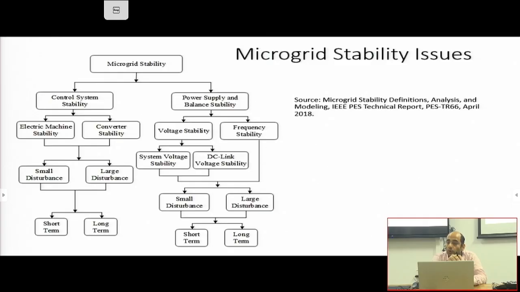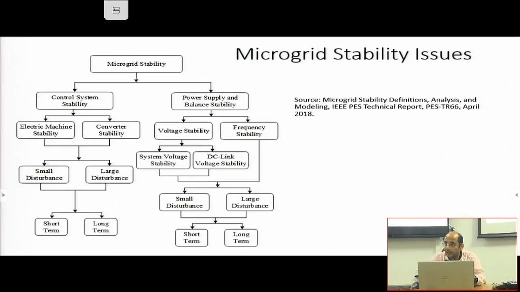That is where the control becomes very important. And that's why in the next module we will discuss the control of the inverter. This can again be classified into small disturbance or large disturbance, and again into short term and long term. So without going into the details, the important thing is that stability falls into two categories: control system and power balance.